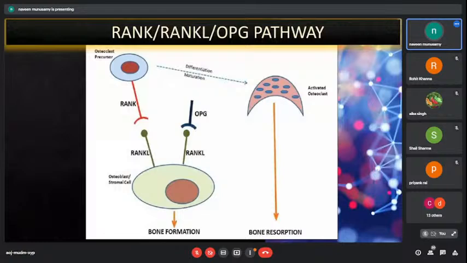If OPG is increased, it will cause downregulation of the RANK-RANKL pathway, and because of this it will cause a decrease in osteoclastogenesis, thereby decreasing the tooth movement. So most of the methods which we will be seeing in my presentation basically work on this principle: an upregulation of RANK-RANKL expression causes increased osteoclastogenesis, therefore increasing the rate of tooth movement.